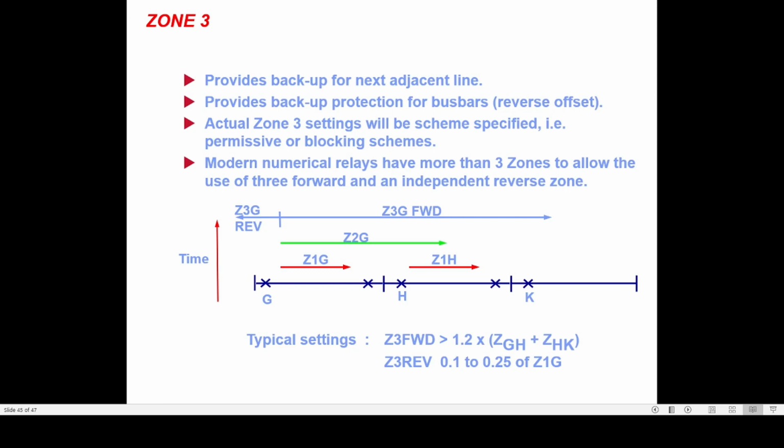So ideally the minimum possible zone 3 time should be 500 milliseconds, but in power system networks, the zone 3 time is set from 800 milliseconds to 1.5 seconds. How this is set, we will see in the subsequent lecture during relay setting calculations and practical demonstrations.